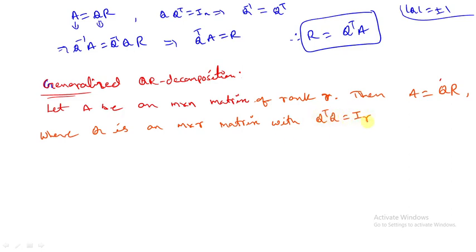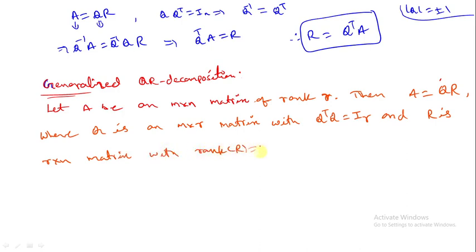Only Q transpose Q is IR. And R is an R by N matrix with rank of R equal to R.